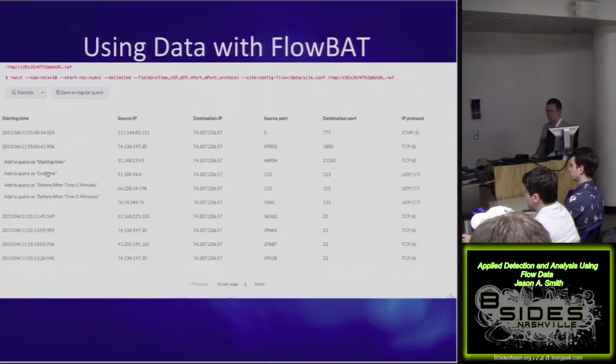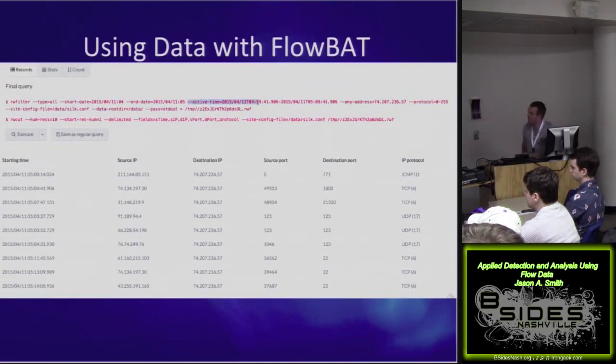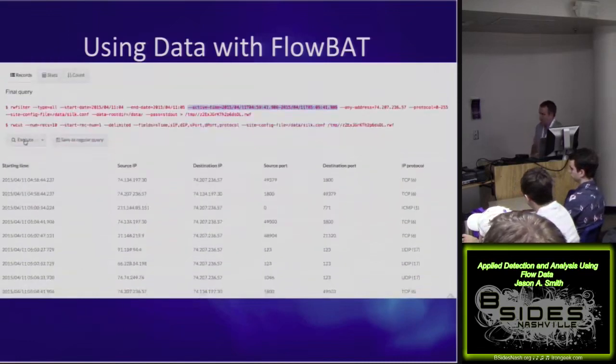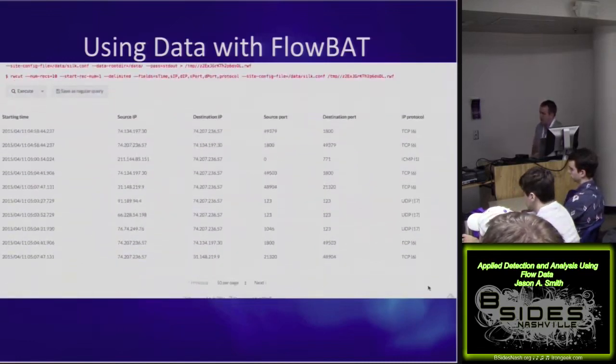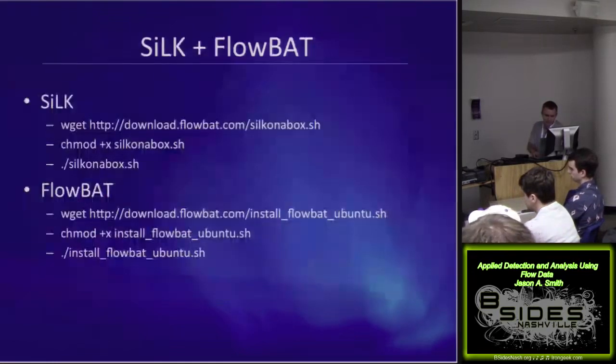And I want to go ahead and say that I only want to look at the 5 minutes before and after. So you'll notice it added in this active time, which would have been a bear to just calculate and say, oh, I want 5 minutes. And so there you go. There's some more pivoting in FlowBat.